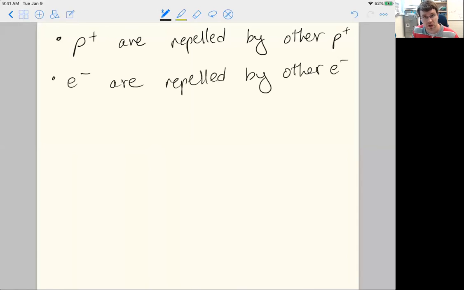Why? Because they have the same charge. Both of our two electrons that we're considering putting close together have the same charge, so they're going to repel and bounce away from each other.